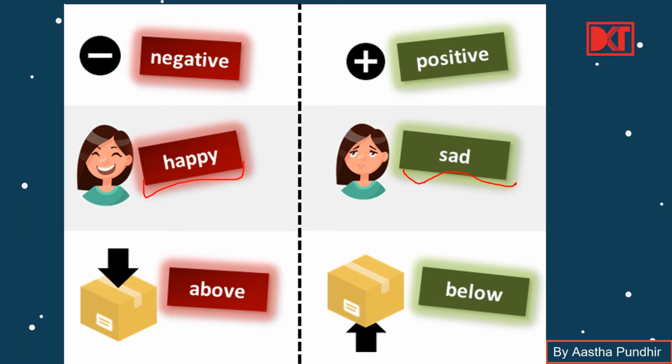यहाँ पे you see negative and positive. Either you see happy and sad. You see above and below. Now here if you can notice, here the situation is that all these words are opposite to each other.